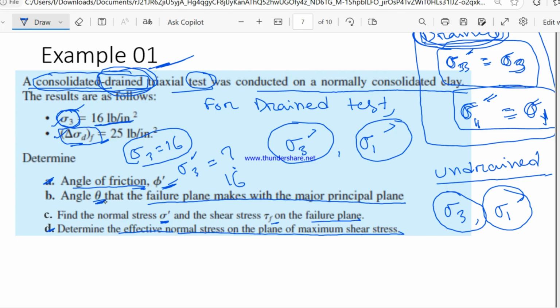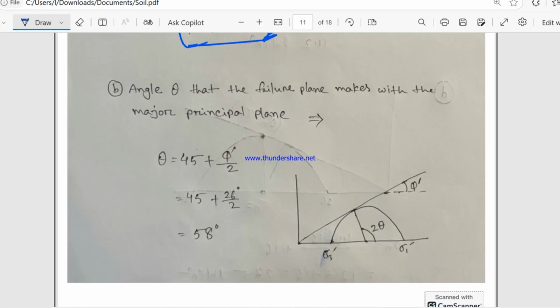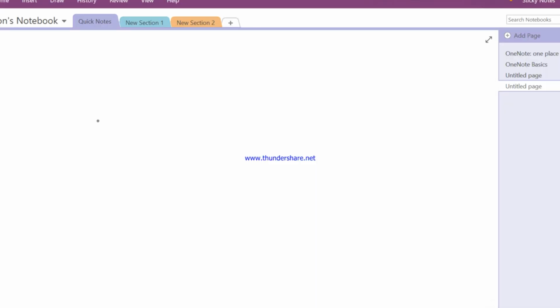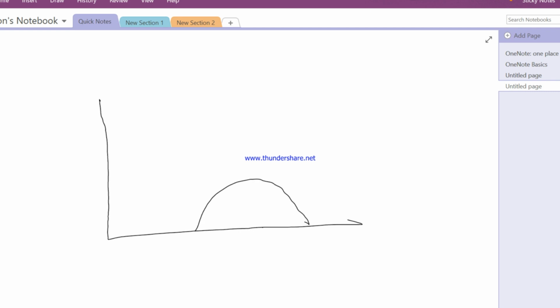The next question is to find the angle theta. I just draw a Mohr circle. This is the center, and this is phi prime.